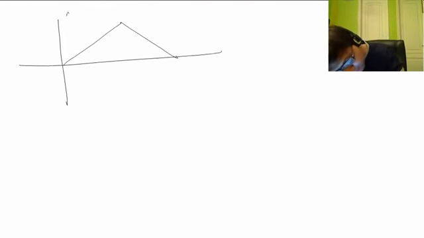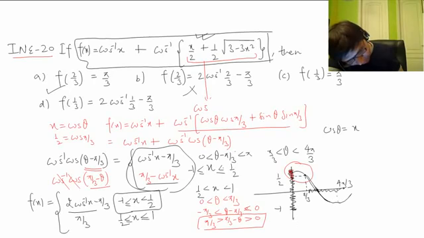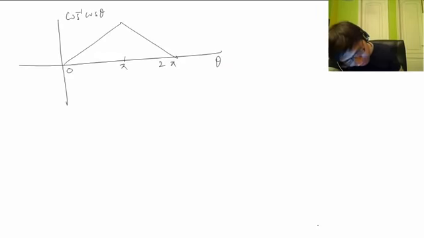So you could have used the graph of cos inverse cos x. This is cos inverse cos theta versus theta, 2 pi, and then we shift this graph pi by 3 units. We have to make cos inverse cos theta minus pi by 3. Pi by 3, instead of theta, theta minus pi by 3.